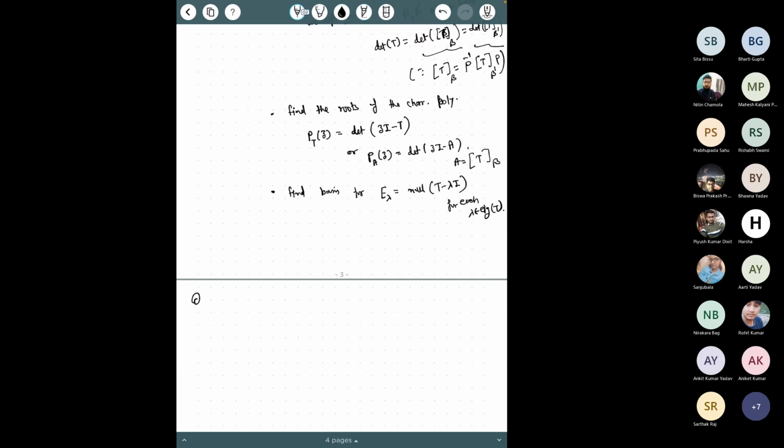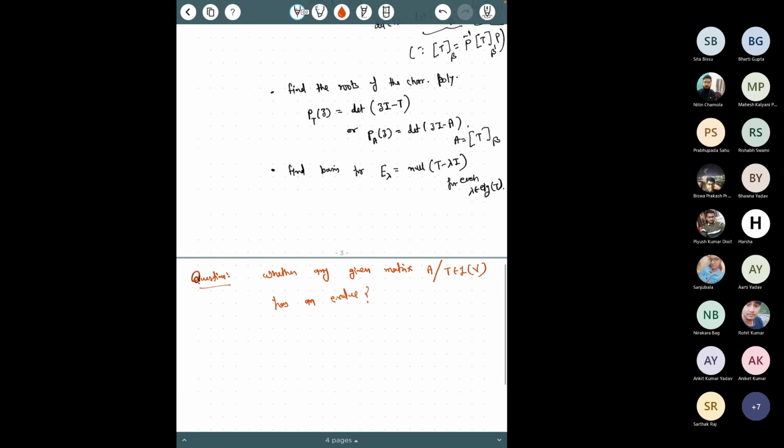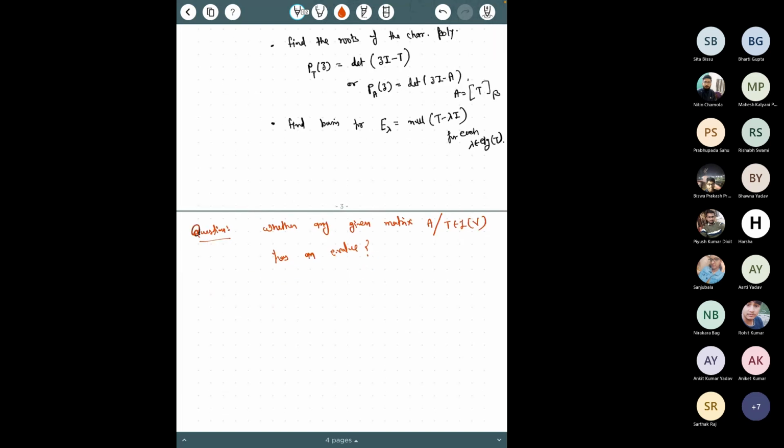The question we want to answer next is whether any given matrix A, or linear operator T, has an eigenvalue. A, I am saying, is a square matrix. So you understand what question I'm asking here: whether any matrix, or similarly any operator T, has an eigenvalue.